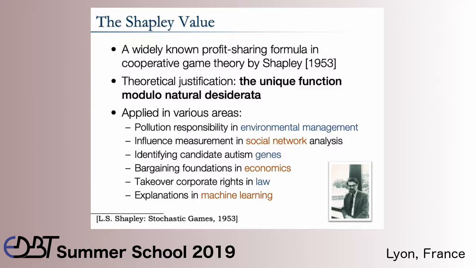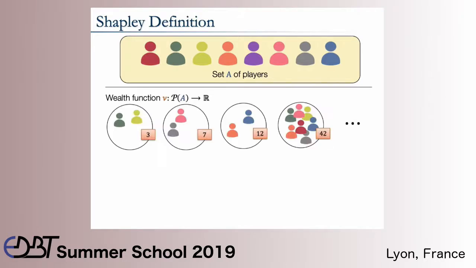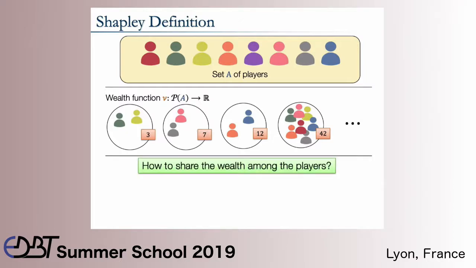Okay, and it's been used in many fields. And the point is very simple. You have a set A of players, and you have a wealth function that gives every subset a value. Every subset gets some value, which can be whatever you want.